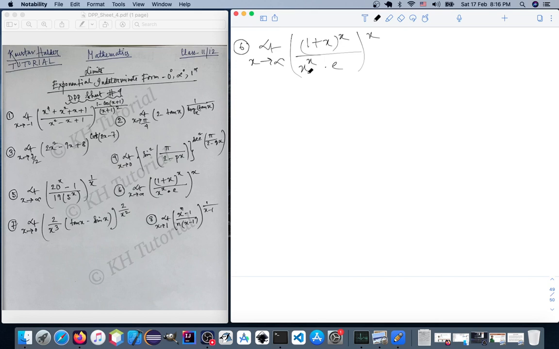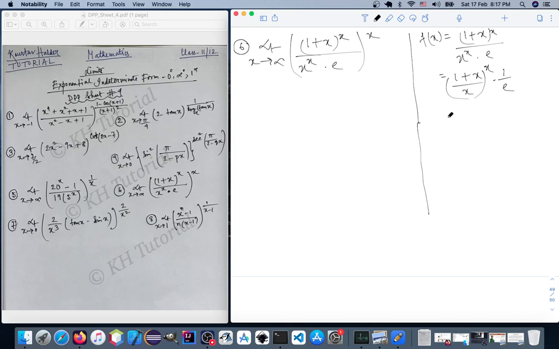Clearly, we have fx as (1 plus x) to the power x by x e. This is (1 plus x by x) whole to the power x, 1 by e.